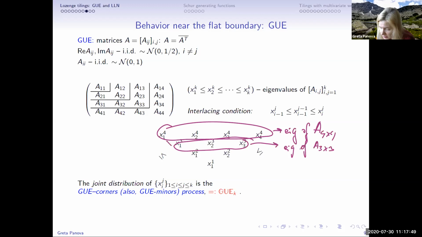And the inequalities that they satisfy are these ones. So they're really between each other, just like they are drawn in that picture. And when we look at the joint distribution, when we are choosing these matrices from the Gaussian unitary ensemble, this is the GUE corners process, or GUE-K, that we will denote here.